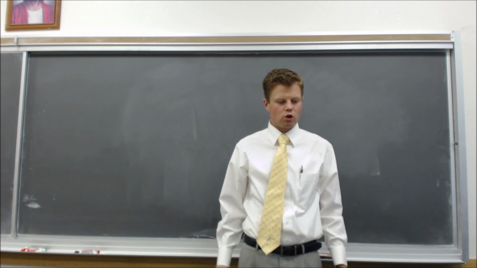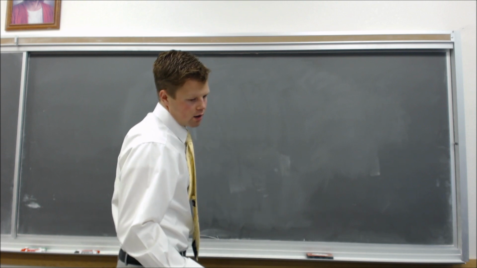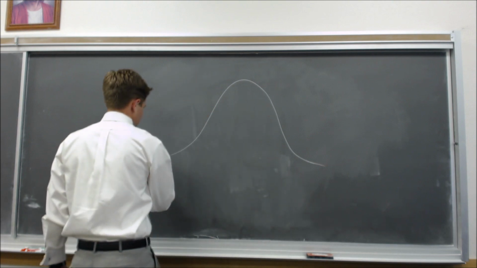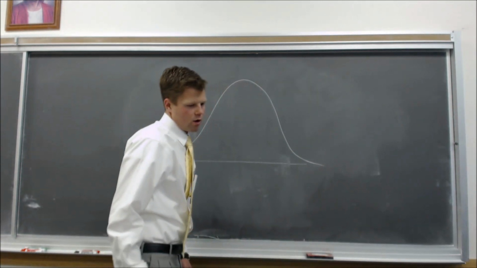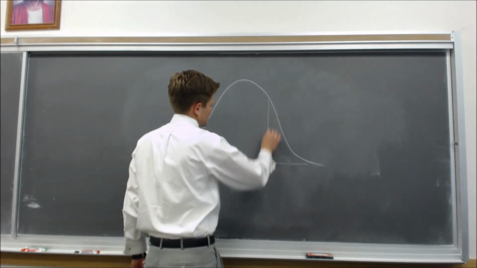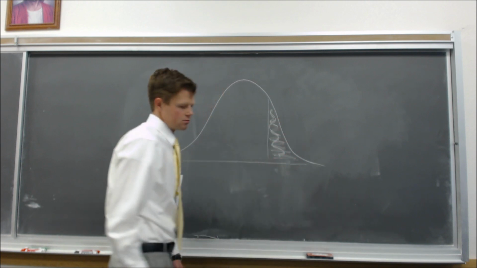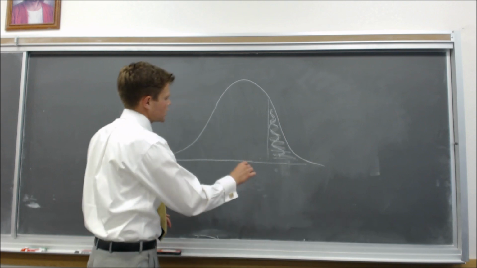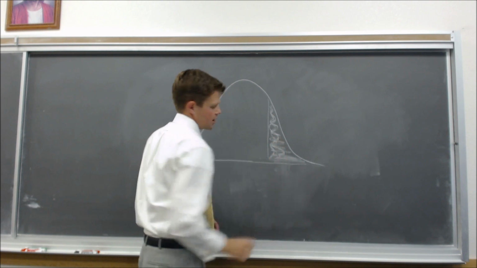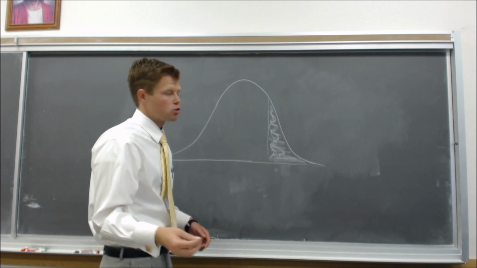C, draw a picture, the normal curve, and shade the desired area. Okay, so we are looking for a normal curve here, and we want to know what is the probability that more than 60 have it. We're not doing any specific calculations, but just shading some area out here to the right. The reason that I shaded it over here to the right is we know that the true mean is 0.07.